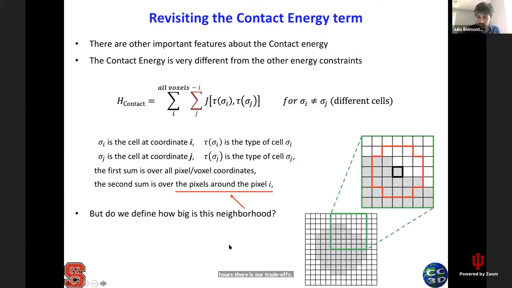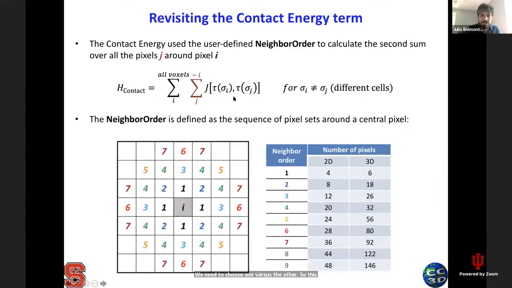So this neighborhood is defined with the neighboring order tag in the XML. If you look at the contact area plugin, you have the contact between medium and cell, and at the last line there, you have something called neighborhood order, which you usually set up as 4. The meaning of that number is which kind of neighborhood order you're looking at when you do this calculation.